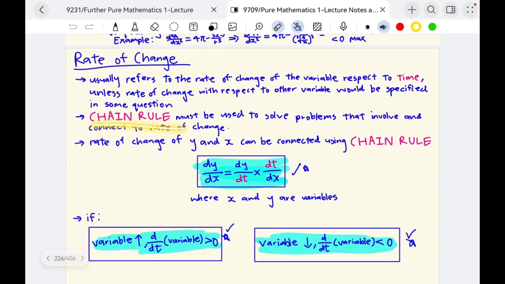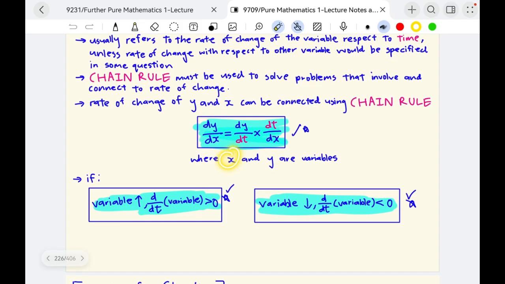So, what is the chain rule that we discussed in the previous video? dy/dx is equal to dy/du times du/dx, for any variable u. You can divide it like this, or rewrite the chain rule using the rates of change of y and x, where x and y are both variables.